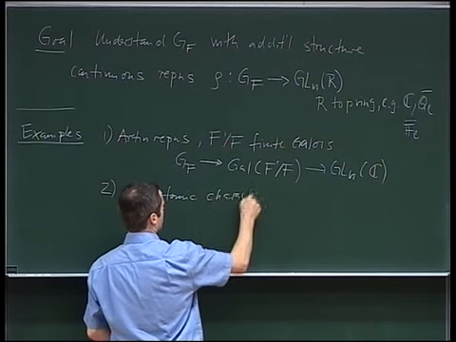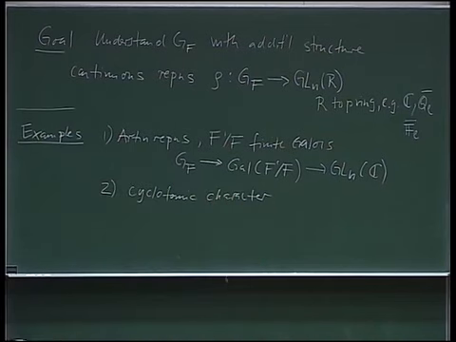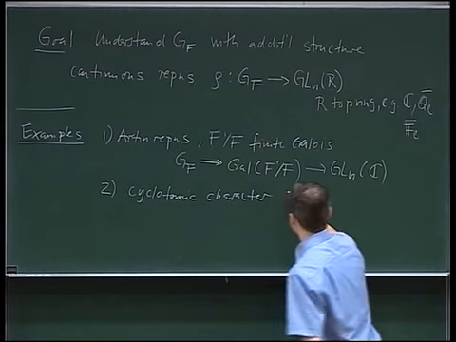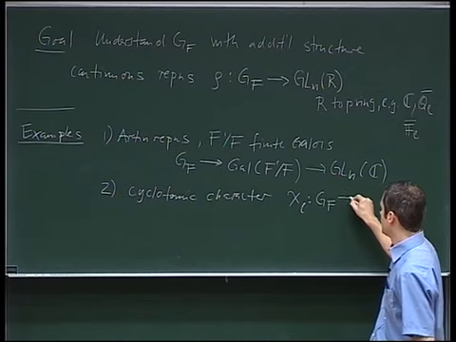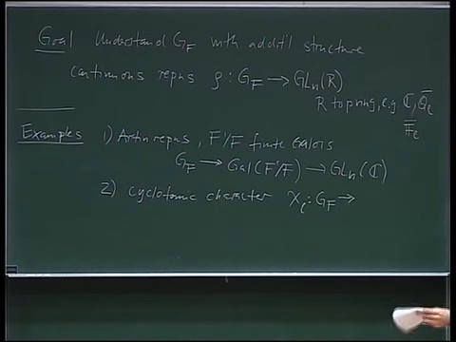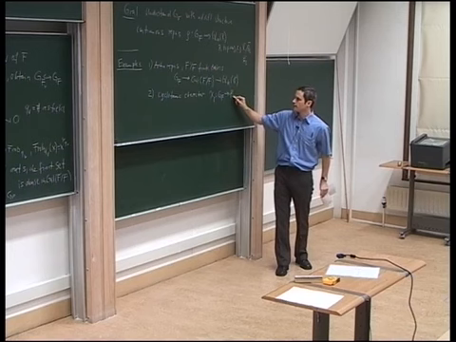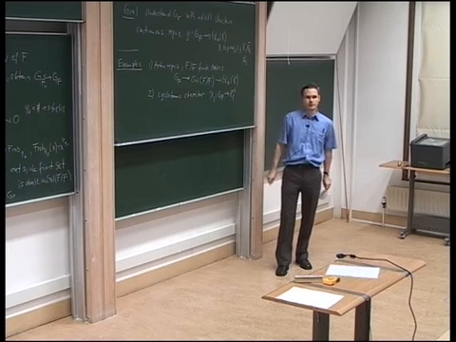The standard example here is the cyclotomic character, which I'll denote by chi_l. This is a representation taking values in the l-adic integers, or the units.